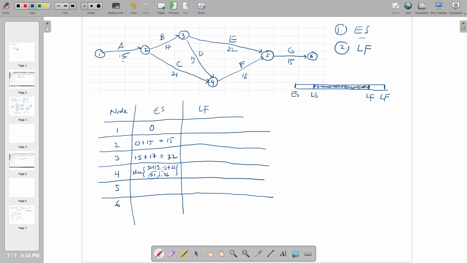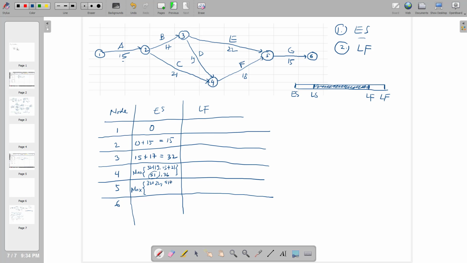Now for node number 5, similarly you have to choose the maximum value between node 3, which is 32, plus 22, or node 4, which is 51, plus 18.